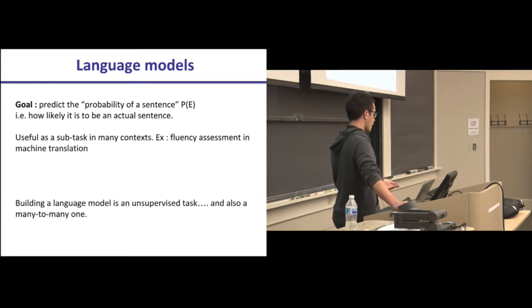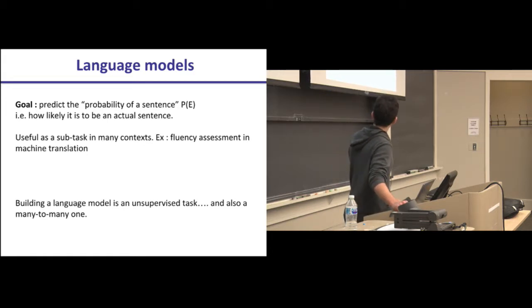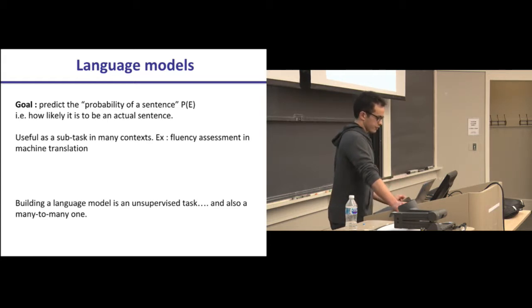Depending on what you train it with, it can mean whether it is fluent, or whether it is grammatically correct, or whether it is within the topic of the document you trained the language model on. So you can use that for fluency assessment in machine translation, for example. You can see that also as unsupervised learning, which has not been done yet in the course. So it's kind of your first unsupervised neural network task.